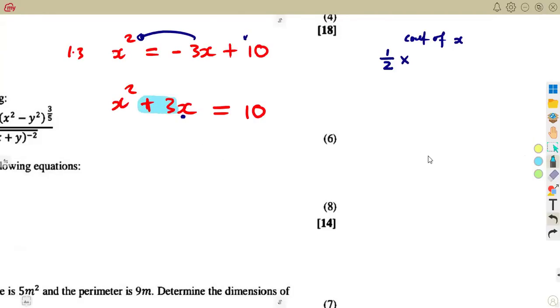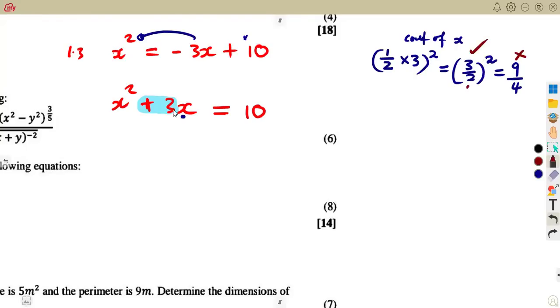So you're going to need half of 3 squared. Half of 3, that is 3 over 2. That's 3 over 2 squared, which is 9 over 4. If you square this, you can write the 9 over 4. It's up to you, but you can even leave it. Just write this 3 over 2 squared.